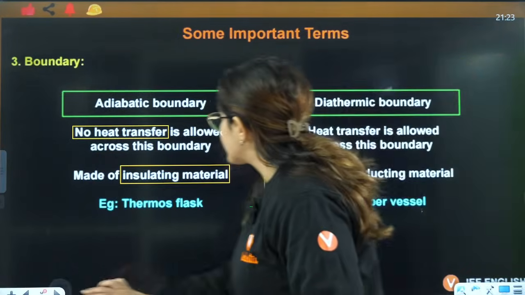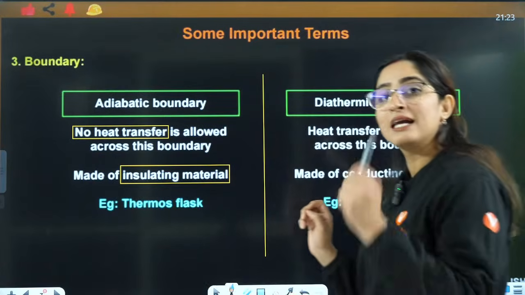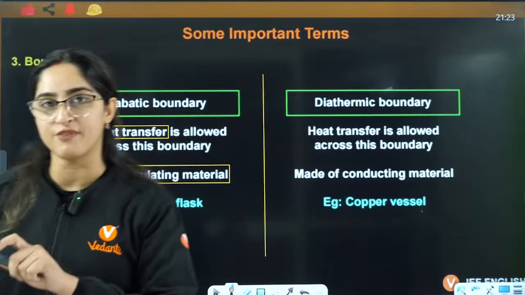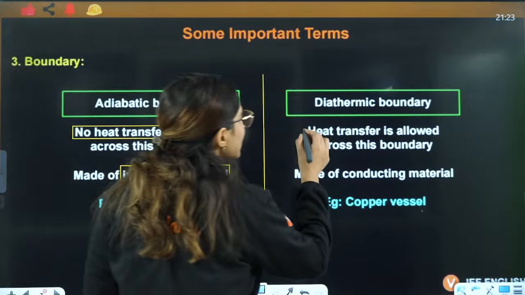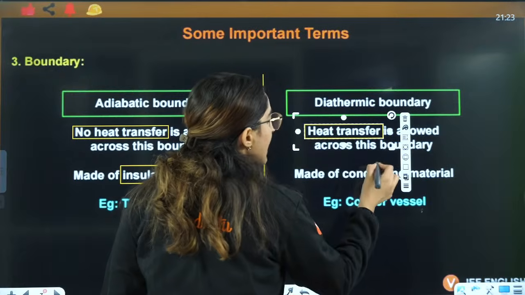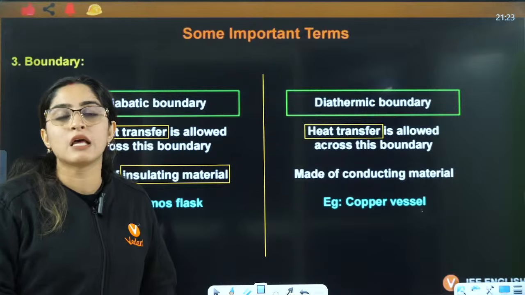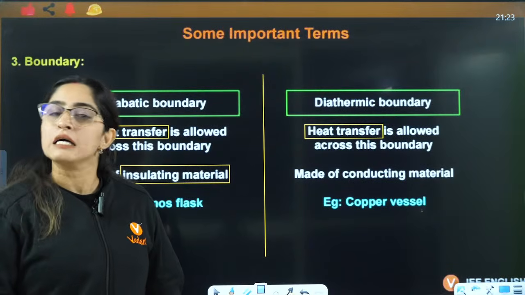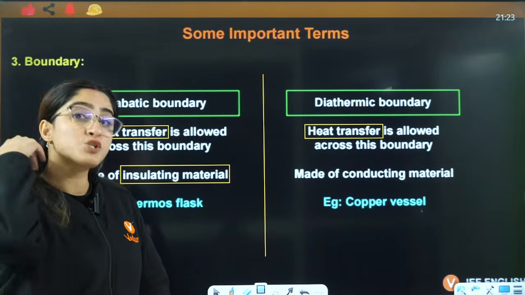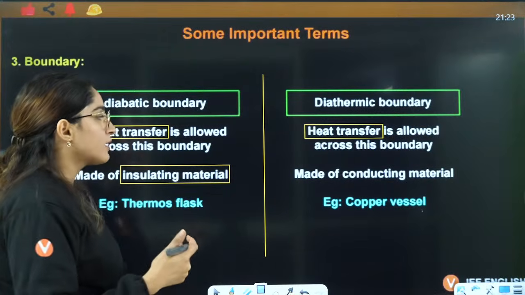If I say this boundary is diathermic, in that case heat transfer is there, because they can give you in the question that this is a diathermic or adiabatic boundary. So you must know what we are talking about regarding these boundaries.